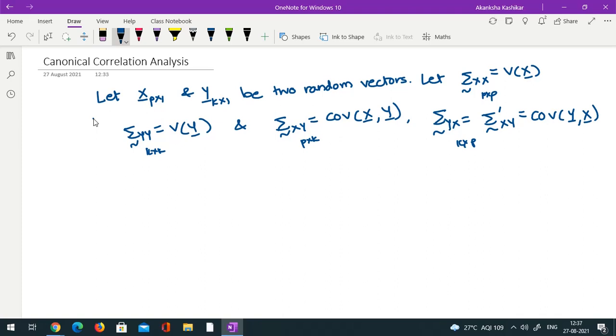And what we want to do is, so let alpha be any p dimensional vector, beta be any k dimensional vector.